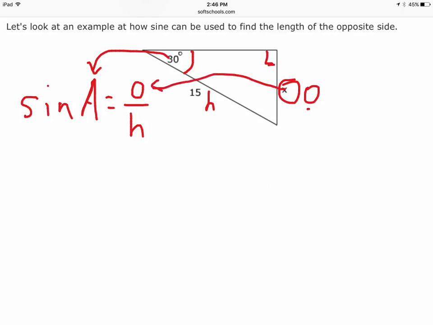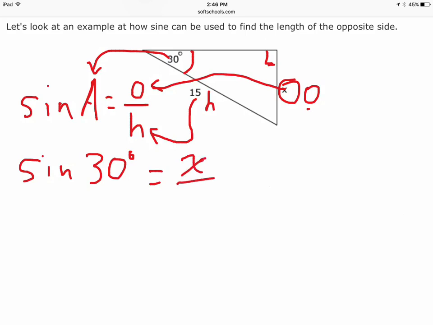And we do know that the length of the hypotenuse is 15. So we'll substitute that in there, giving us sine of 30 degrees equals x over 15.